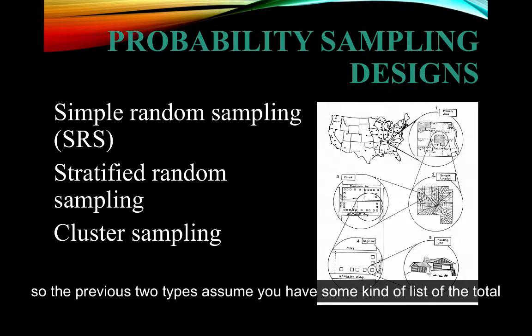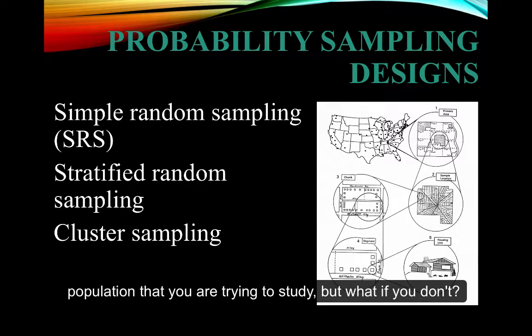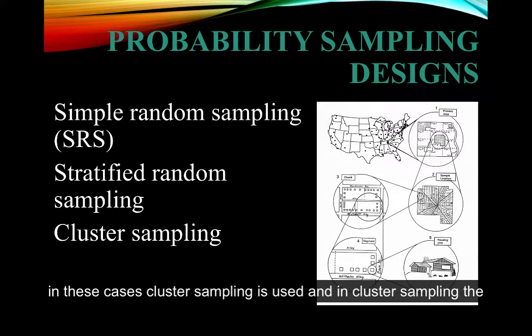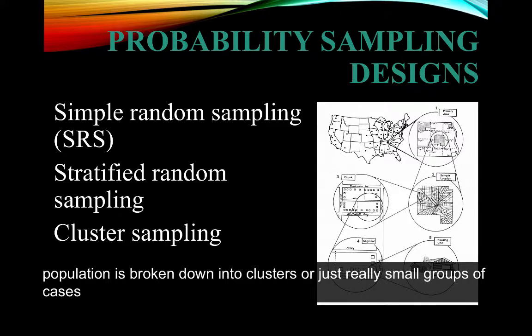So the previous two types assume that you have some sort of list of the total population that you're trying to study, but what if you don't? Or what if it's impractical to have such a list? In these cases, cluster sampling is used. In cluster sampling, the population is broken down into clusters, or really just small groups of cases.